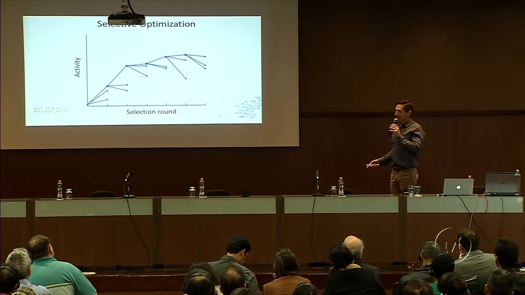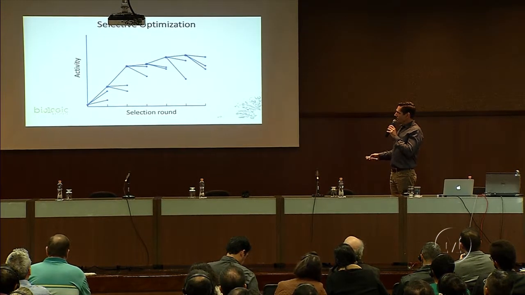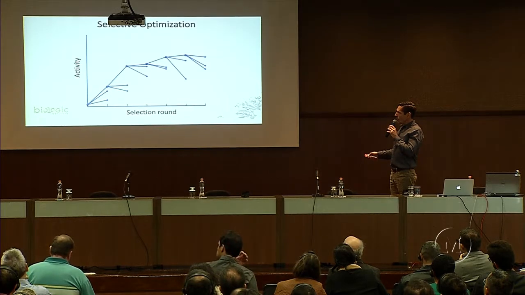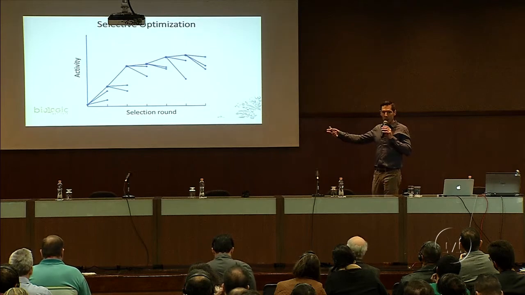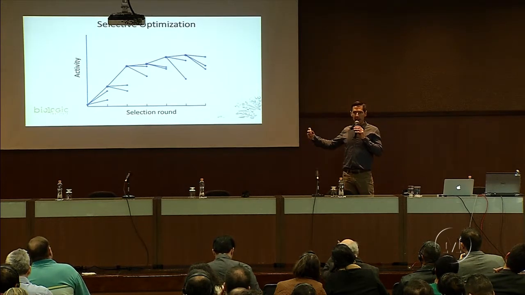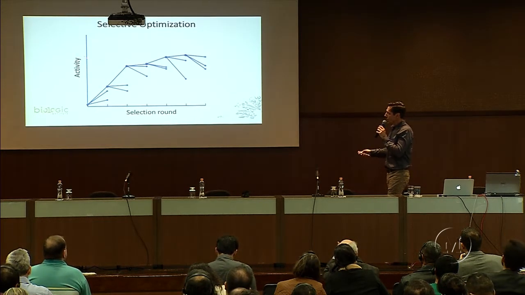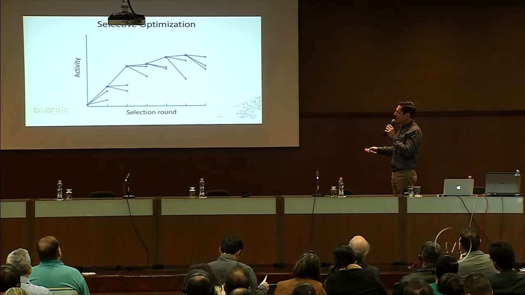What happens in selective optimization is at each stage you pick the best performer and only that one gets carried on to the next stage, where you repeat the process and find variations on that one.